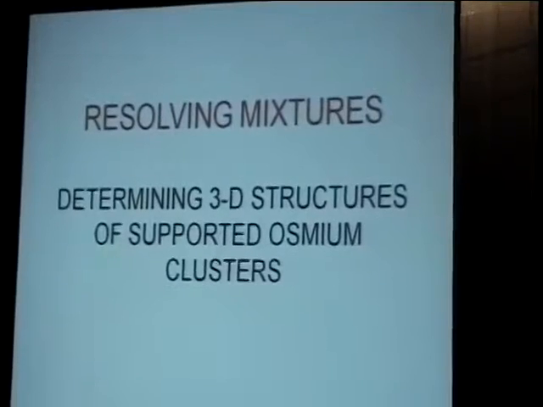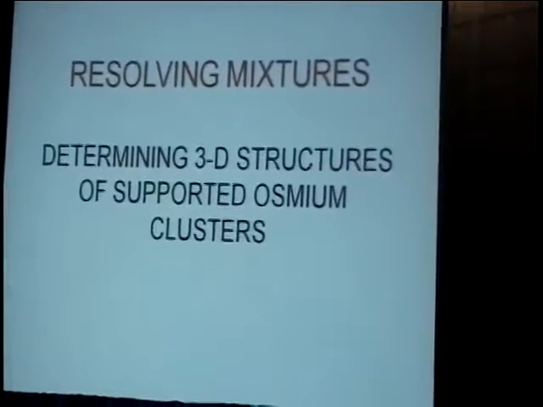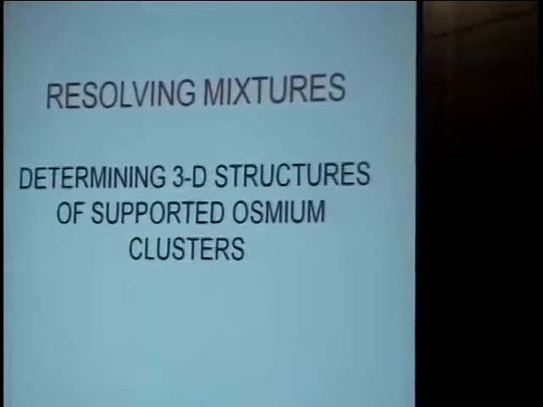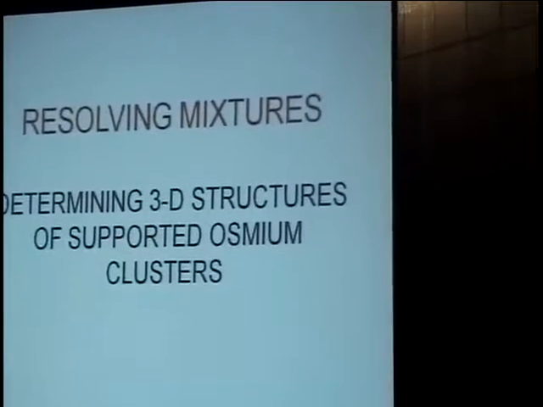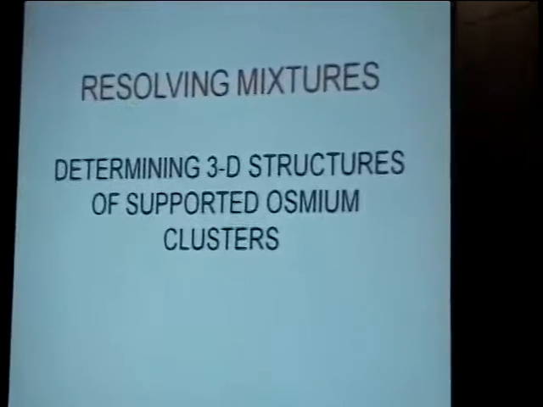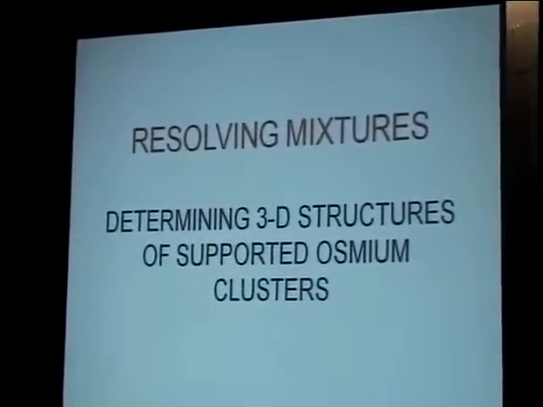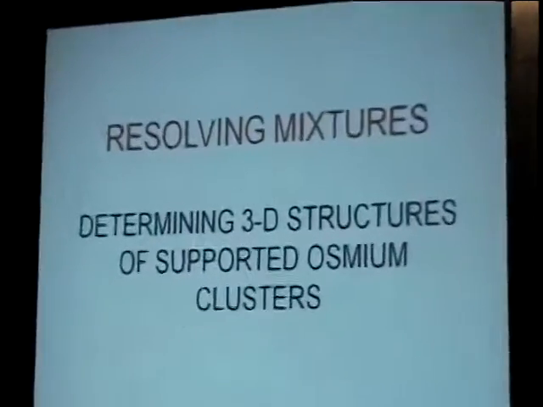So we're taking a step towards the complexity of industrial catalysts, but it's maybe a small step, because the clusters are still going to be small, and the complexity in terms of structure is not going to match that of a typical industrial catalyst.